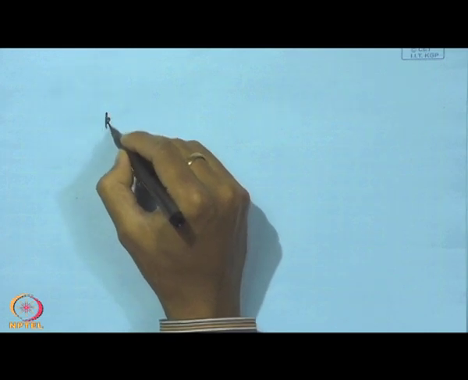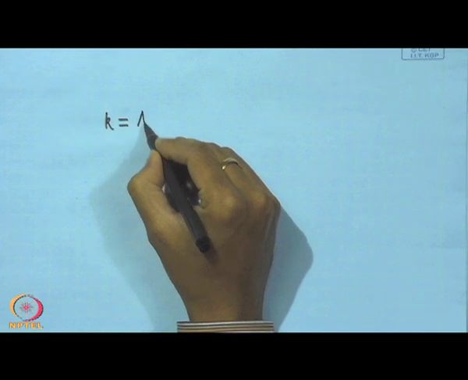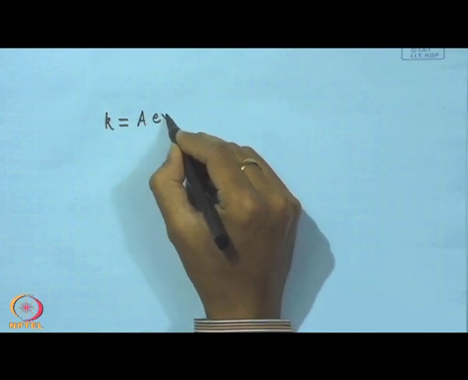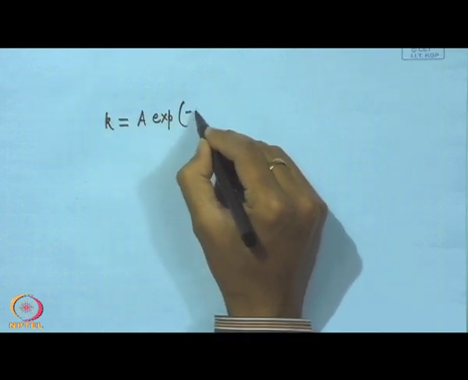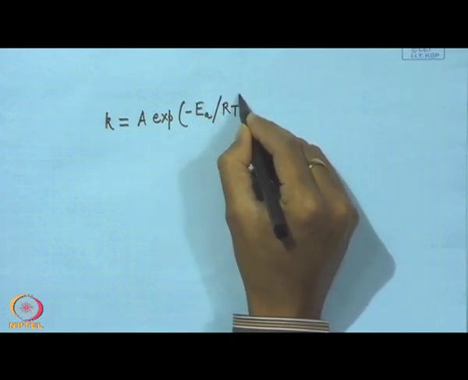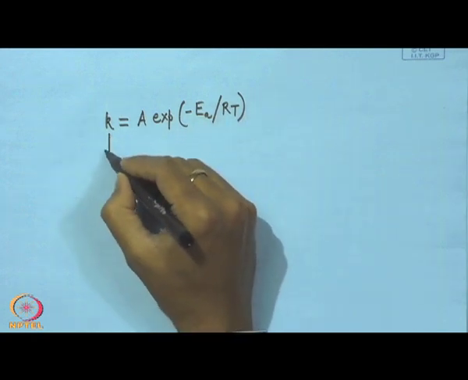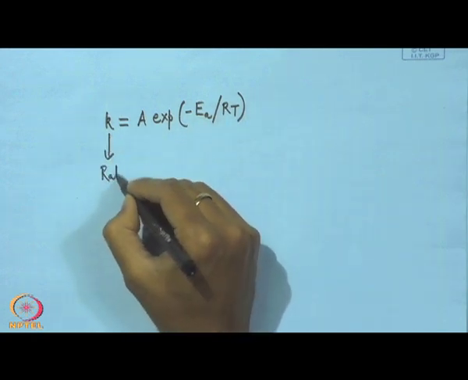So K, the reaction rate constant, is equal to A into exp(minus E_A by RT). This is your rate constant.